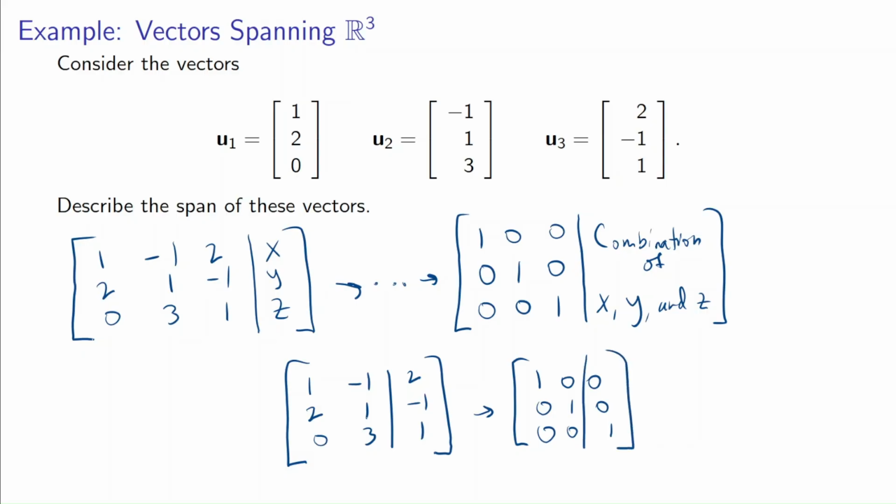We could see that this last row tells us that this system is inconsistent. This is our 0 equals 1 row. So we know that that is not possible. And so since we cannot write U3 as a linear combination of U1 and U2, and we would not be able to write any of these as linear combinations of the others, we would say that this set, U1, U2, U3, is linearly independent.